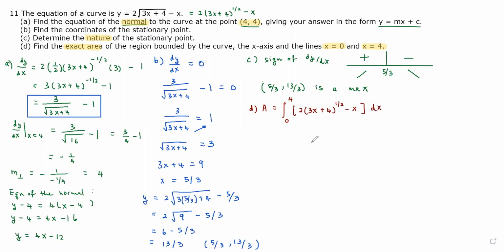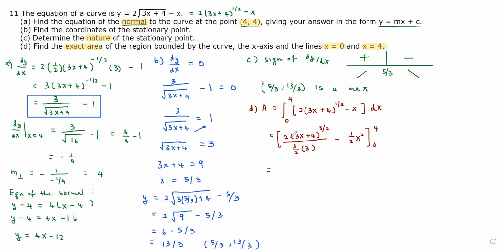And we integrate this with respect to x. Upon integration, we have 3x plus 4, increase the exponent by 1. So we have 3/2, divided by 3/2 times the coefficient of x, which is 3, minus 1/2 x squared, which we evaluate from 0 to 4.